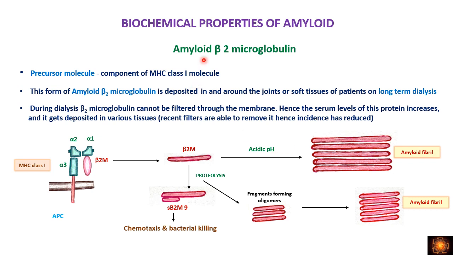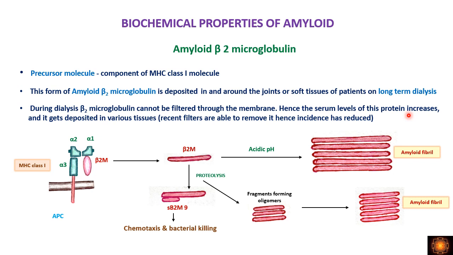We see this type of amyloidosis in conditions where the patient has undergone long-term dialysis. When the patient undergoes dialysis, during the filtration, this is a protein which cannot be filtered out. So beta 2 microglobulin remains in the blood itself, and hence the serum levels of this protein increase in patients who are undergoing dialysis.